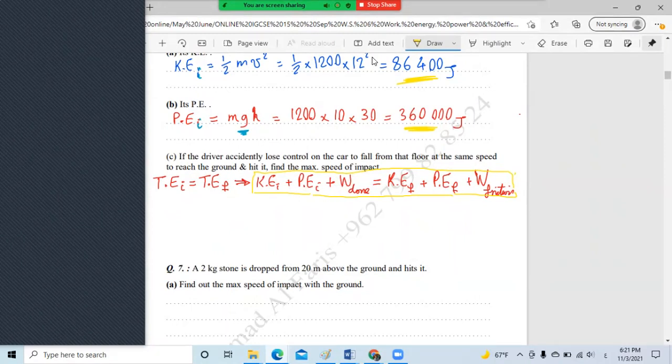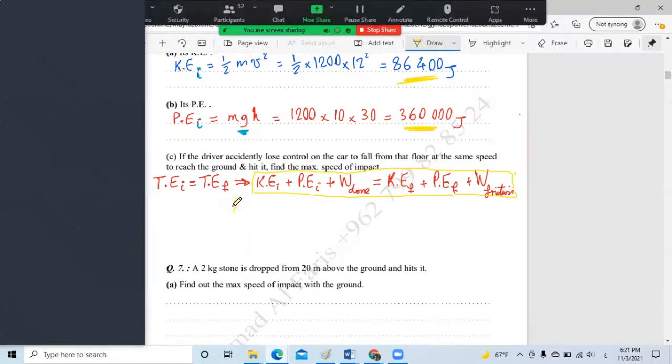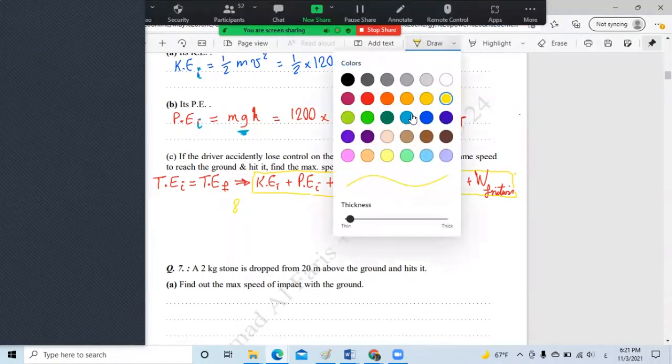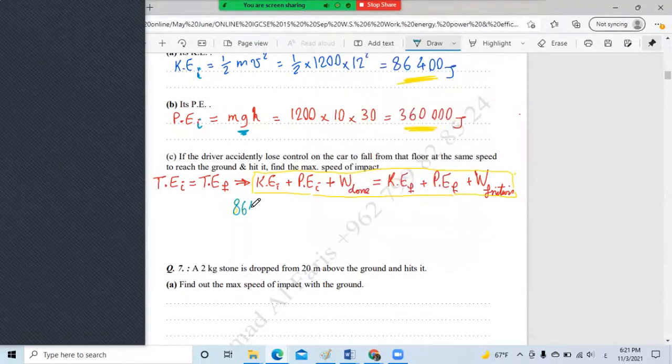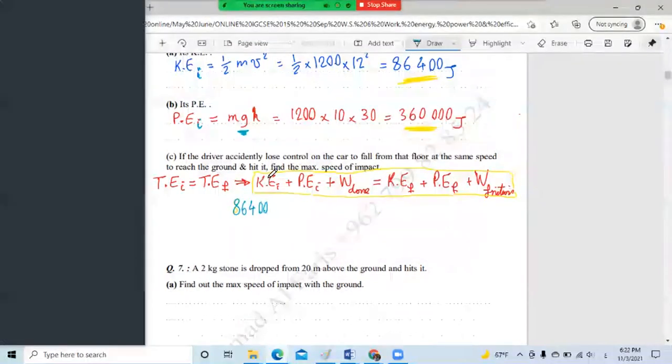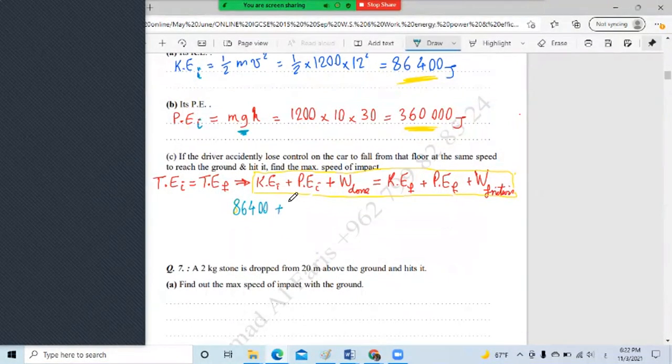So that means, I'm sorry, let me change the color, 86,400, the kinetic energy initial, plus the potential energy initial, 3,600 thousand, plus work done, nothing, they didn't mention it, so I assume there is no work done on it, is equal to the kinetic energy final when it reached the ground.